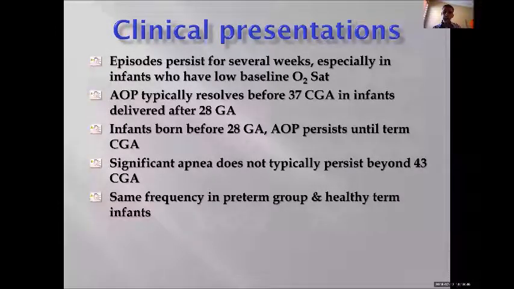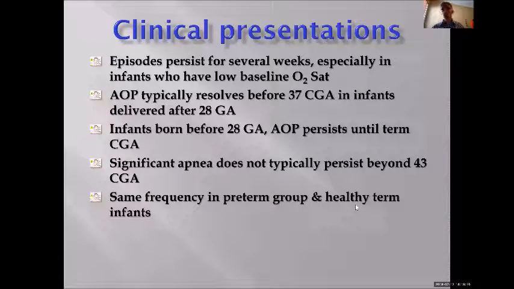For those born at less than 28 weeks, usually it persists up to 43 weeks corrected gestational age. The frequency of apnea of prematurity in babies at 43 weeks corrected gestational age is exactly the same as the frequency of apnea in preterm, late preterm, and healthy term babies.